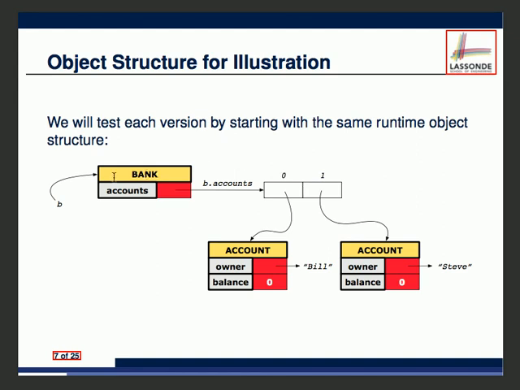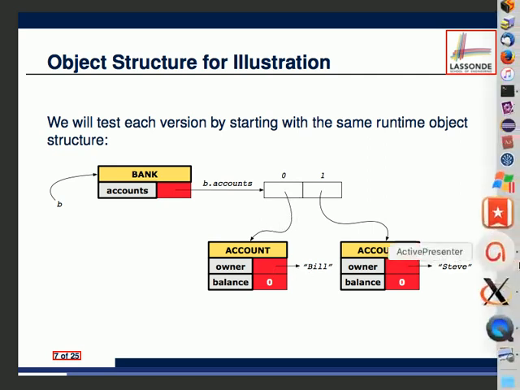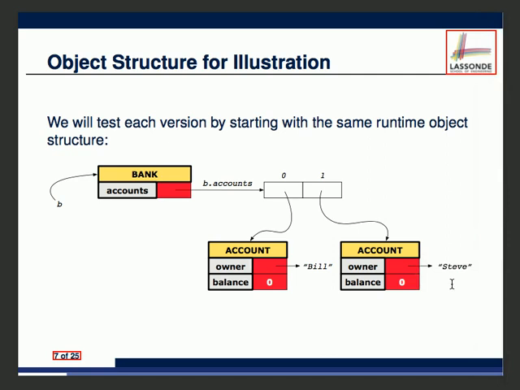So now let's just have a look at this particular object structure here. We have a bank called B, and the accounts has only 2 accounts over there, only 2. Okay? And the first account is simply just Bill, and the second account is Steve. Okay? Now, if I want to deposit, let's say, onto Steve's account for $100, in this case, I should only change this particular object only, right?